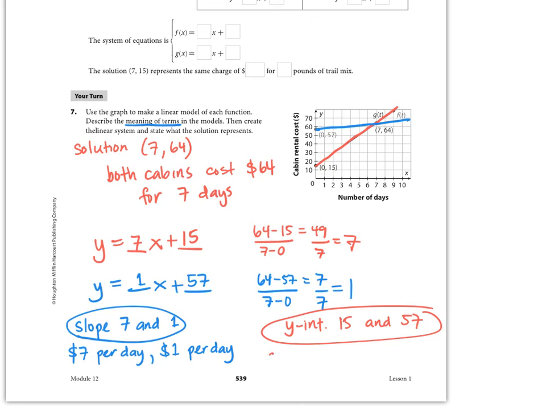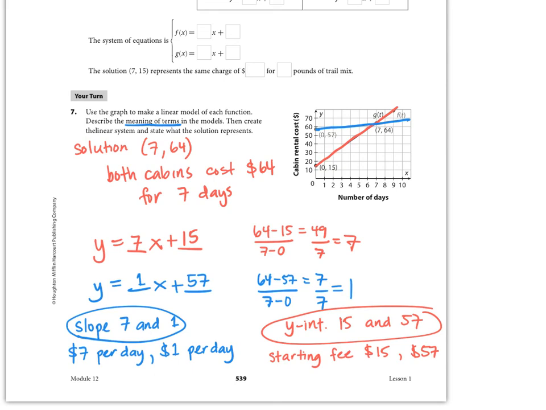You can call it the starting fee, the initial fee, the registration fee, I don't know, registration cost, sign-up cost. So starting fee of $15 and $57. Okay, so the one that's $57 is the one that's charging only $1 per day, but you're paying a lot at the beginning. You're paying a lot more than the other one. Okay, so that's part of making sense of this situation, this problem.